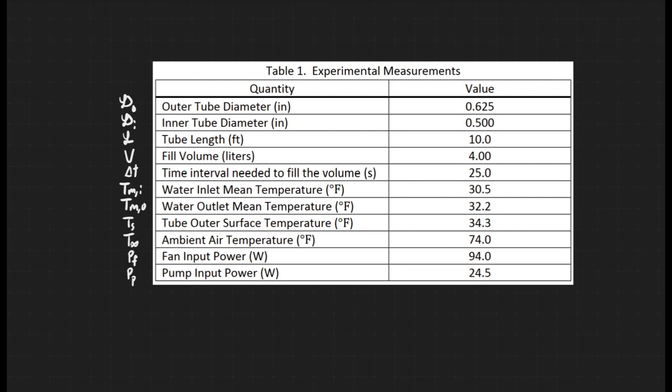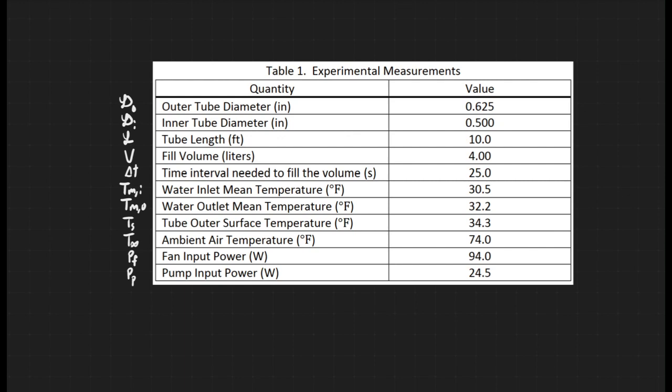Also, these experimental values include a fan present as well. A fan will help promote airflow over the surface of our copper tubes, which would increase our overall air conditioning performance. However, that was not included in the set that I showed you because with the fan on and the pump going, it was just really hard to hear my voice as I was recording. But in the real setup, there is also a fan present.